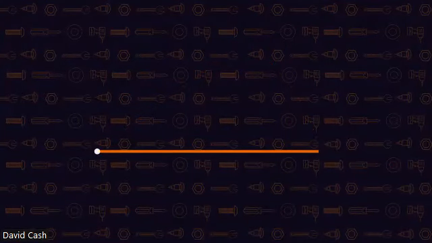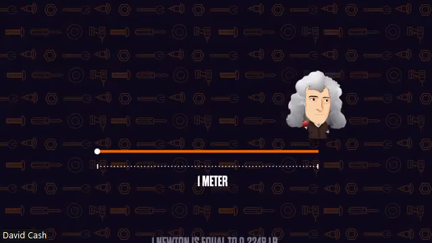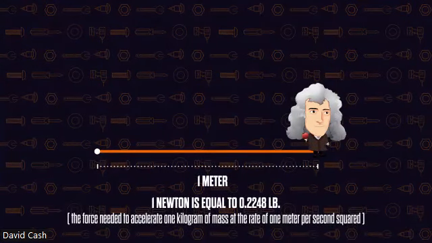If we have our lever arm, or moment arm, at 1 meter, with a Newton of force at the end of that, that gives us 1 Newton meter. 1 Newton is equal to about 0.2248 pounds. The Newton itself is the force needed to accelerate 1 kilogram of mass at a rate of 1 meter per second squared. That is what we are looking at when we're talking about Newton meters or Newton centimeters.